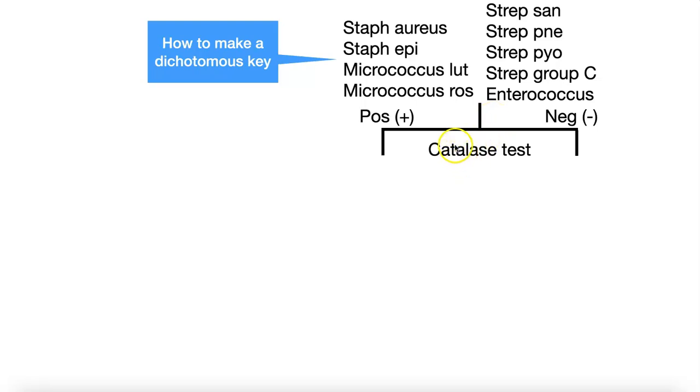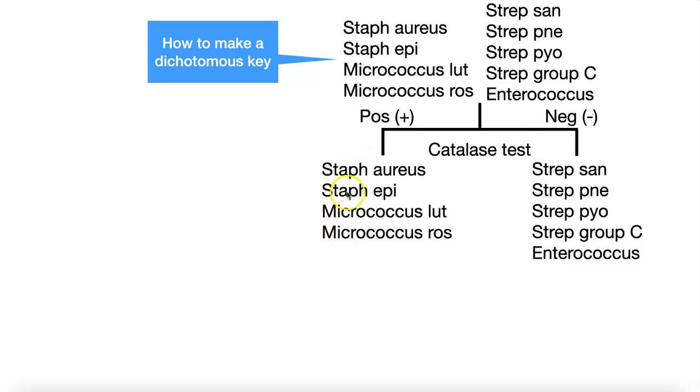And when you get those results, you also know which of these bacteria yields each of those results. So all the staph are positive and all the strep are negative. So without being able to see the future, what we can say with certainty is if you are given one of these 9, when you do a catalase test, you will either see bubbles, positive, or won't see bubbles, negative.